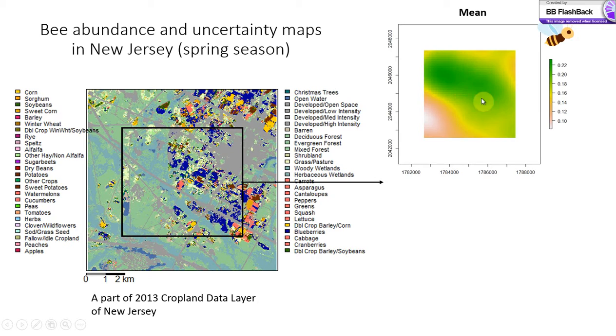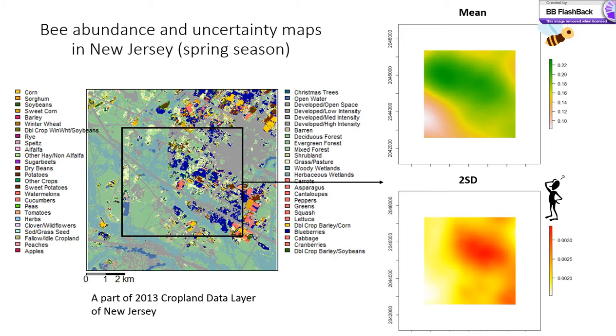So this relative bee abundance model index shows here is the relatively high bee abundance, and this is low bee abundance. As you can see, this is open water, so the bee abundance is relatively low. And we also calculate the amount of uncertainty.